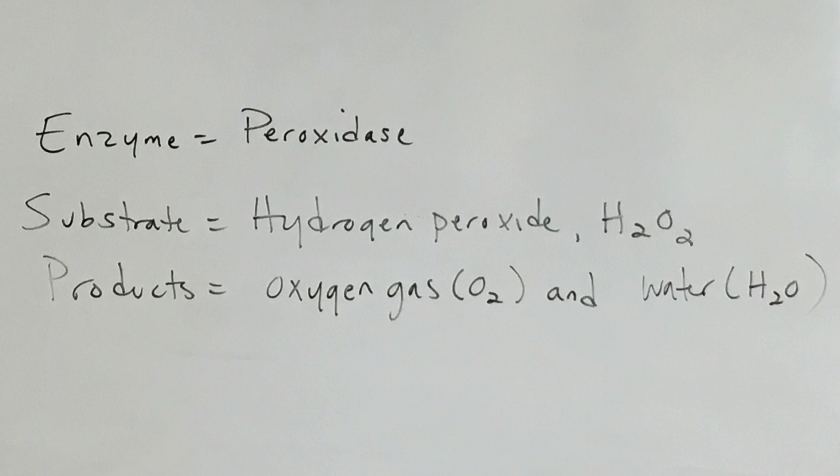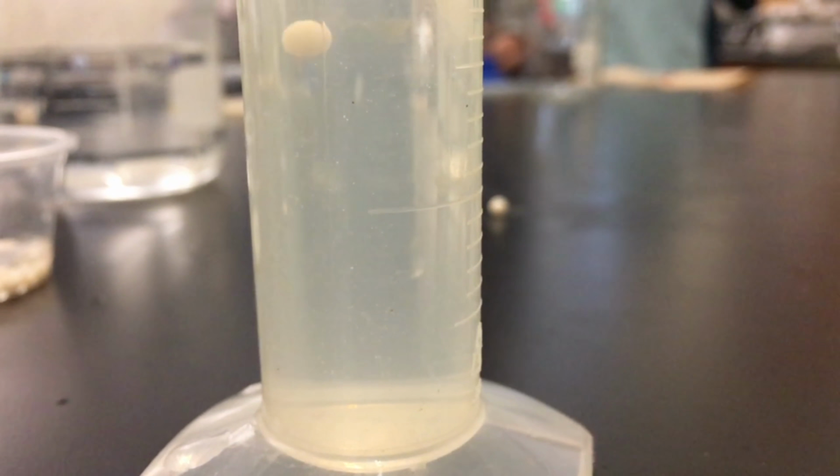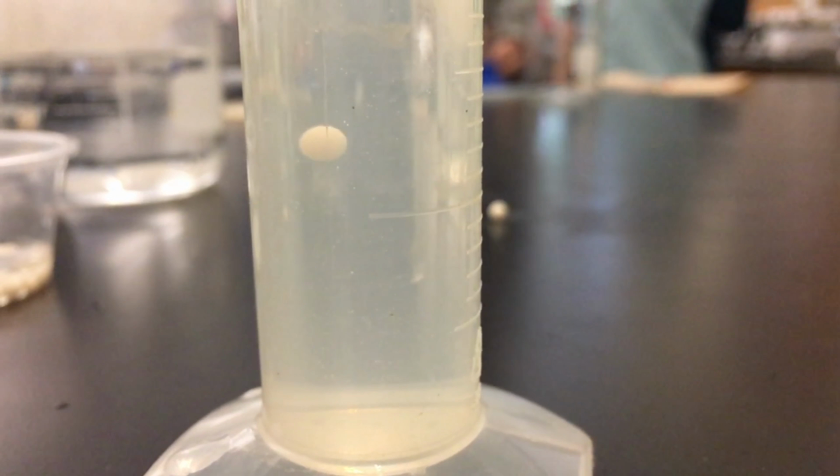So here's just a video of me dropping it in for the camera. This is not a recorded result, so it wasn't very important. And as you can see, in the 50 milliliters of hydrogen peroxide, it quickly goes on. So here's the slow motion.